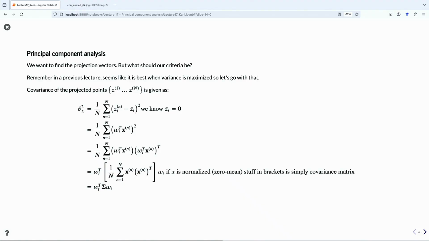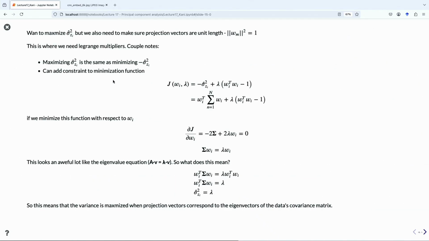Minimizing or maximizing the variance if the projection vectors don't have to be equal to 1, we just make the projection vectors infinitely long, and that maximizes the covariance that way. So we need that additional constraint that the projection vectors are of unit length, but we also want to maximize the covariance of the projected points.